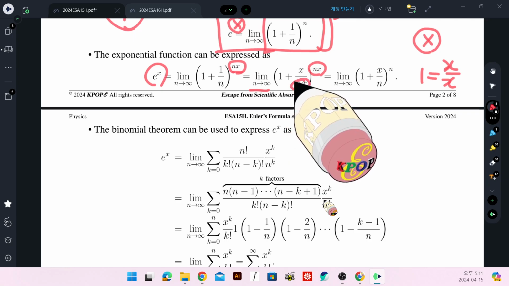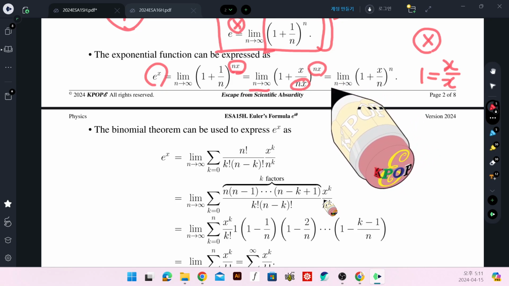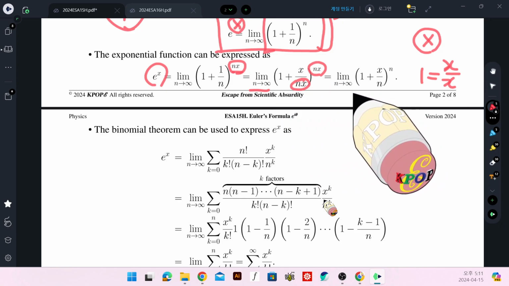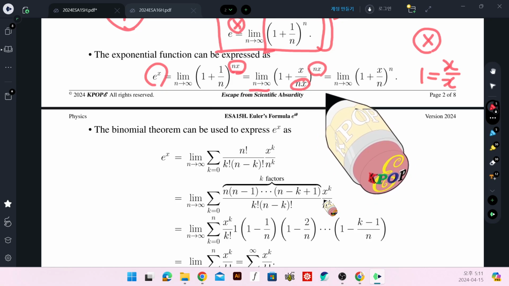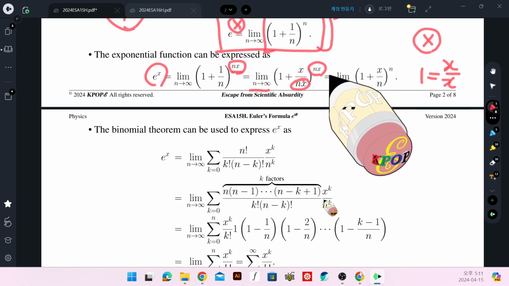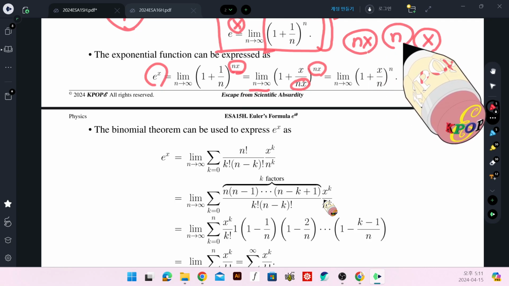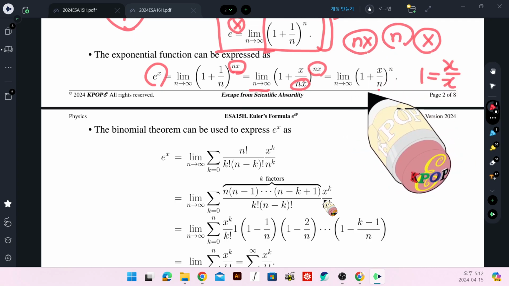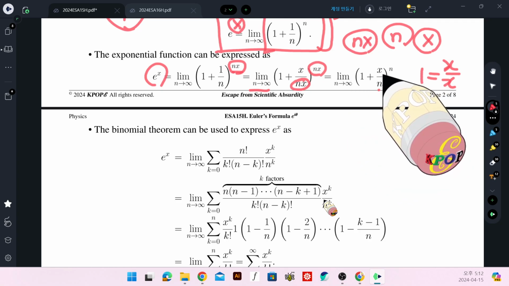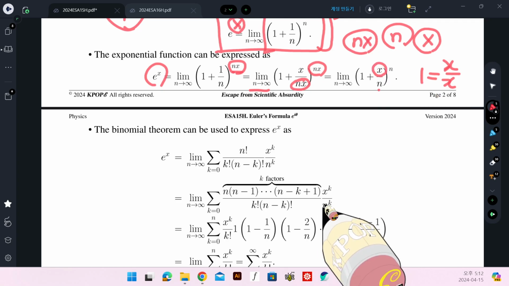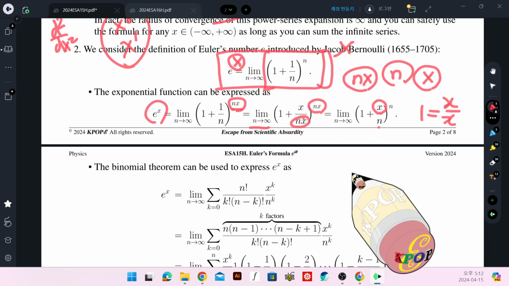Why don't we replace this with another large number that grows to infinity? So we have redefined n times x as n. Now we arrive at the same expression, except that we have x over n instead of 1 over n.